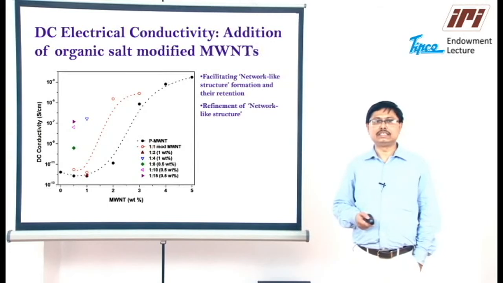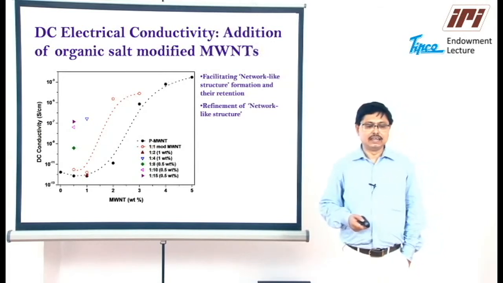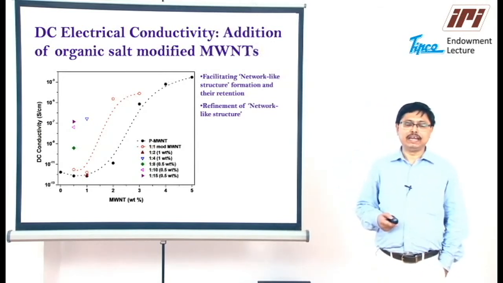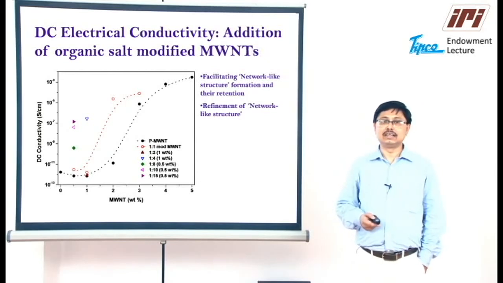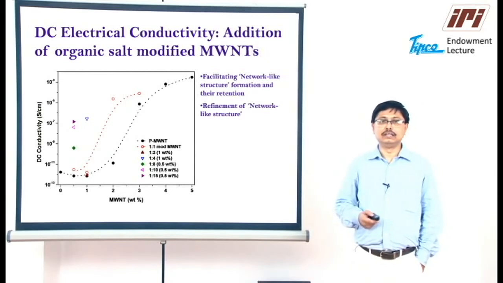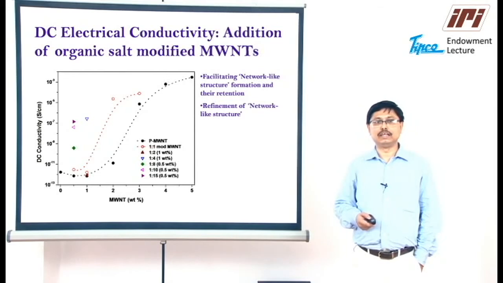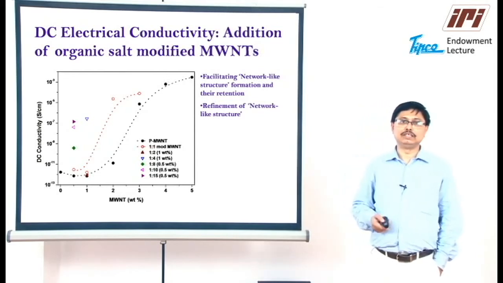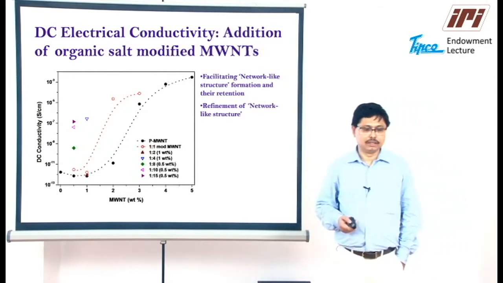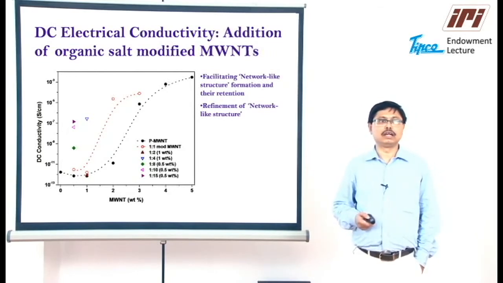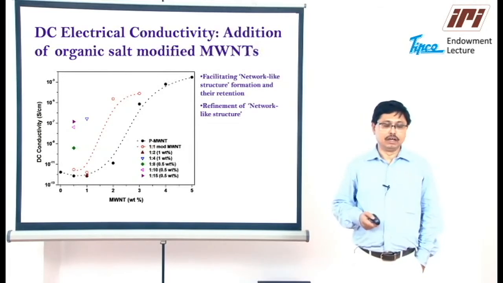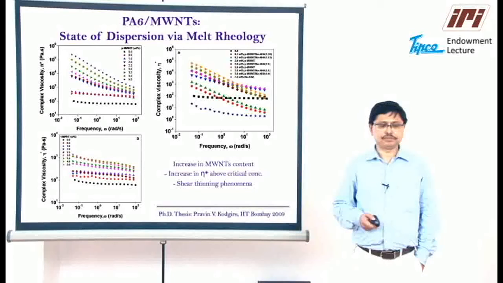This indicates that the presence of NaHA facilitates network-like structure formation and its retention during crystallization, when the material is solidified from the melt to the solid. It also suggests a refinement of the network-like structure of the nanotubes, where more individual nanotubes are involved in the given network-like structure formation.